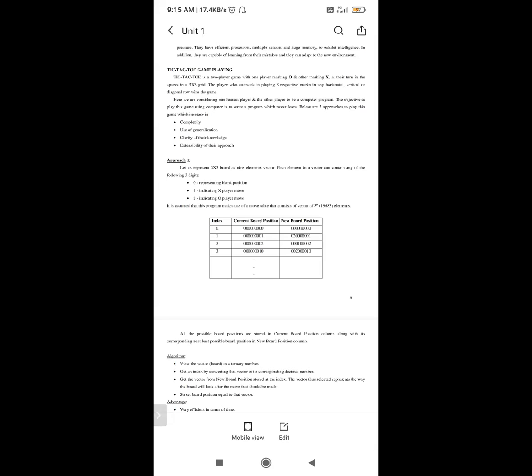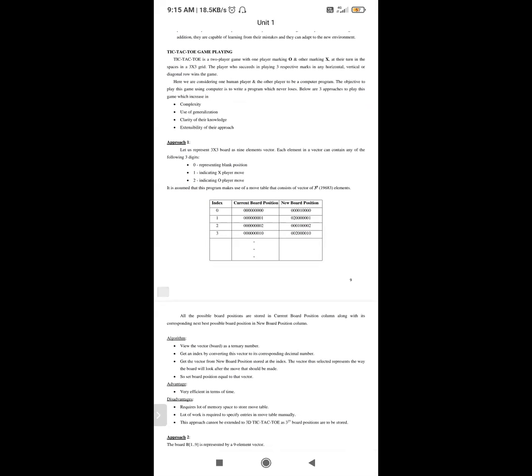The objective of playing this game using a computer is to write a program which never loses. That means every time the computer should win, and it should never lose the game. That is the objective here.